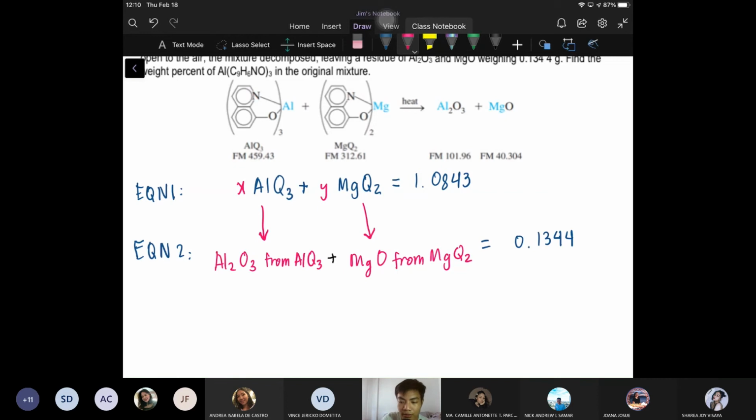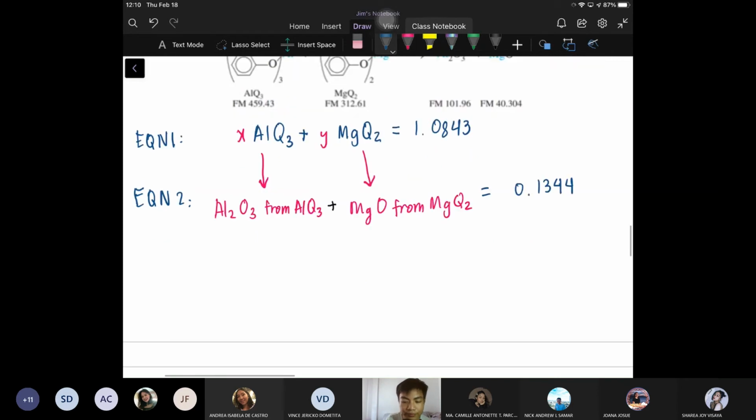Okay, so, to get you started, ganito gagawin niya. So, sabi ko, you're going to convert this into aluminum oxide. So, stoich lang yan, ha? Okay. So, kung anong ginawa natin kanina, yun din gagawin mo dito. So, convert AlQ3 to aluminum oxide. Okay.